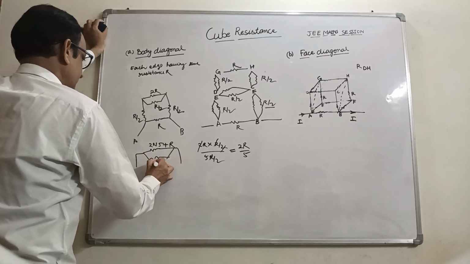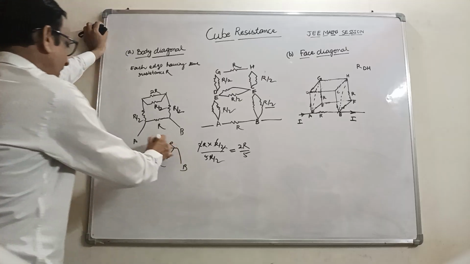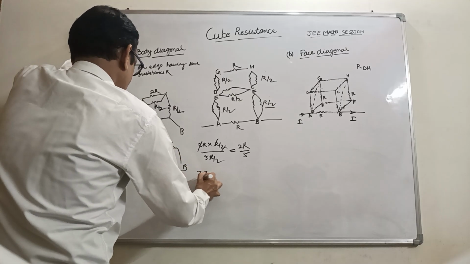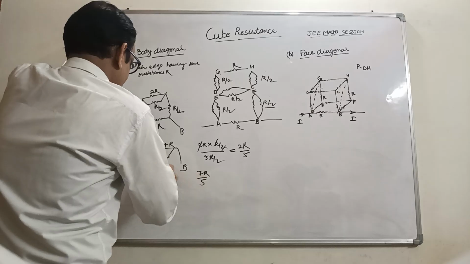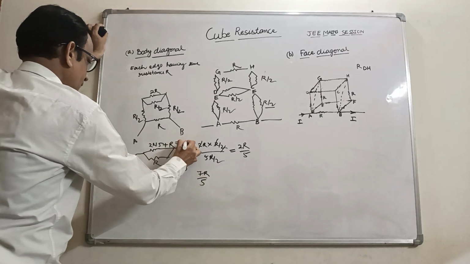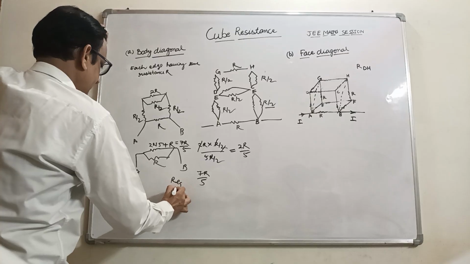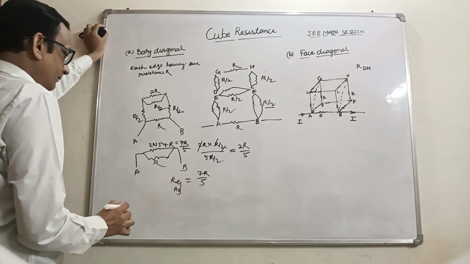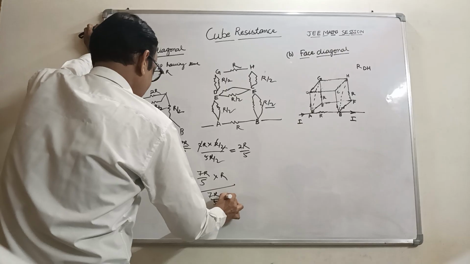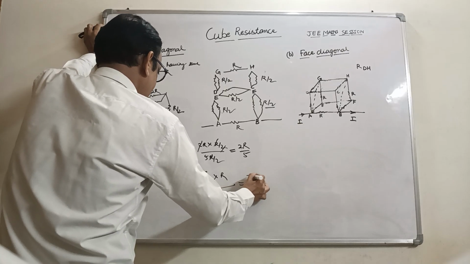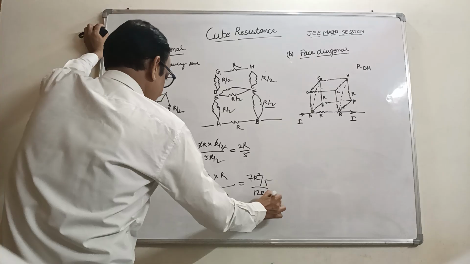This is A, this is B. So R equivalent would be 2R by 5 plus R, which is 7R by 5, and this is R. So R across AB would be 7R by 5 cross R upon 7R by 5 plus R. This becomes 7R by 5 upon 12R by 5, and the 5s cancel out.